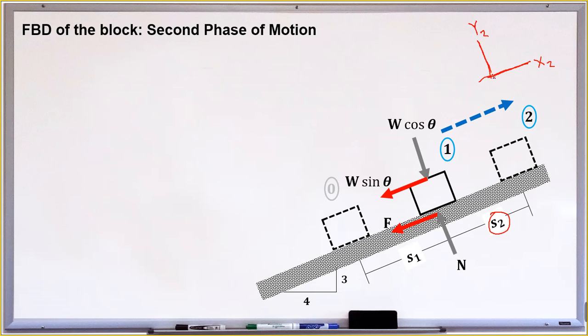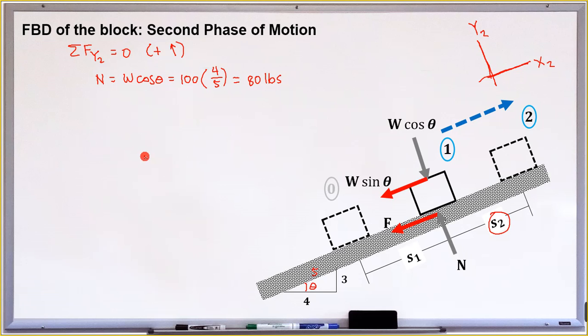If you take the summation of forces along y2, let's write it even though it is obvious. The sum of forces along y2 equals 0. We take positive as upward. Therefore the normal force is still equal to the weight times cosine of theta, and that is equal to 100 times 4/5, since theta gives a 4-5 triangle. So 4/5, and that is equal to 80 pounds.